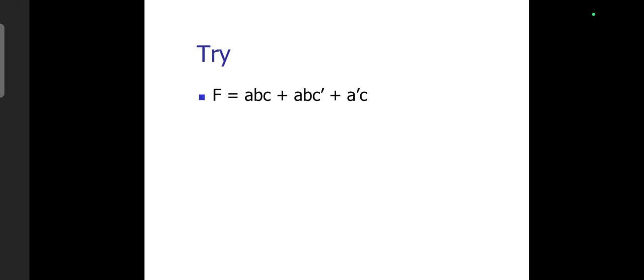The expression becomes AB plus A bar C. This is already considerably simpler than the original form. Observe what happened: three product terms were reduced to two product terms. This means fewer gates are required for implementation. Engineers regularly perform similar reductions while designing digital systems such as calculators, communication devices, processors, and embedded systems.